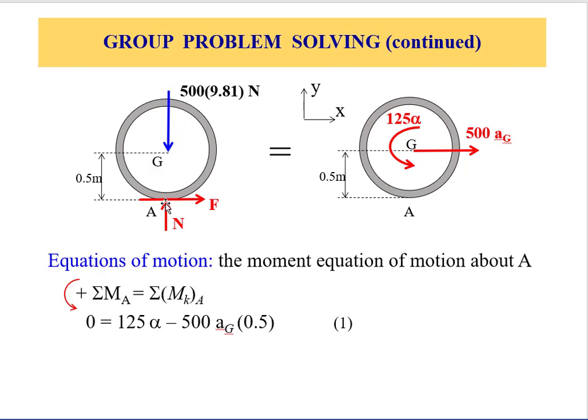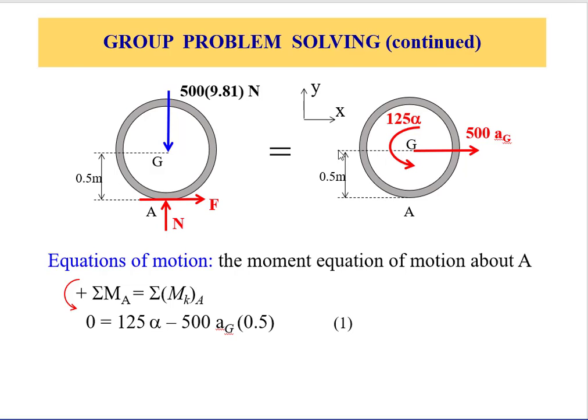If I calculate the moment about point A, then I will ignore F and N because their moment is 0, and the moment of the weight will be gone. So the summation of all moments is equal to 0 and equal to the moment of the inertia: negative 500 AG plus 125 alpha.